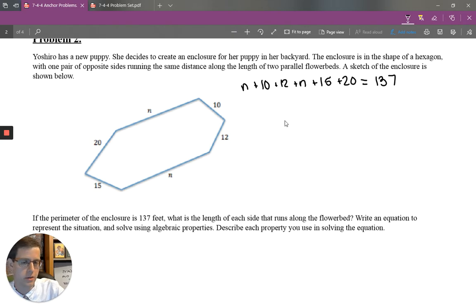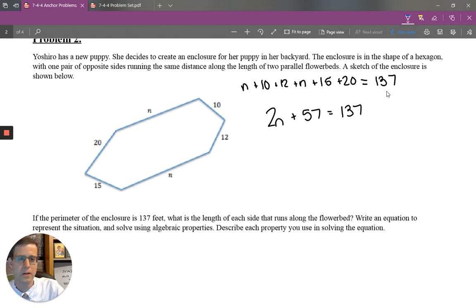I don't know what those two ends are. Oh, two ends. 2n. And then 10 plus 12 is 22, plus 15 is 37, plus 20 is 57. 2n plus 57 is going to equal 137, and now I have a two-step equation.